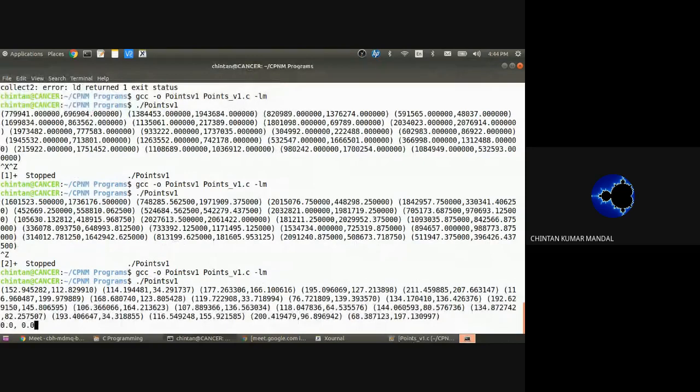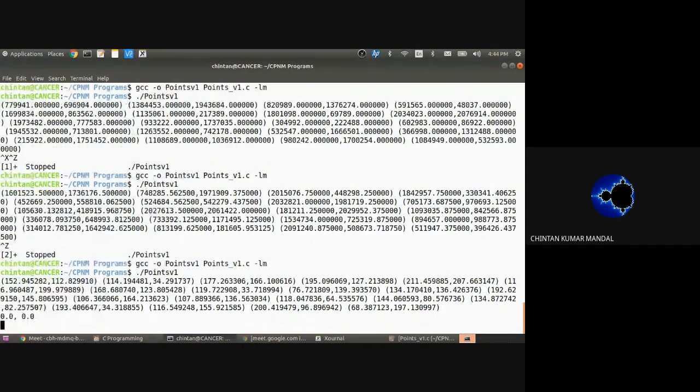0.0, 0.0, and then I can give 100.0, 100.